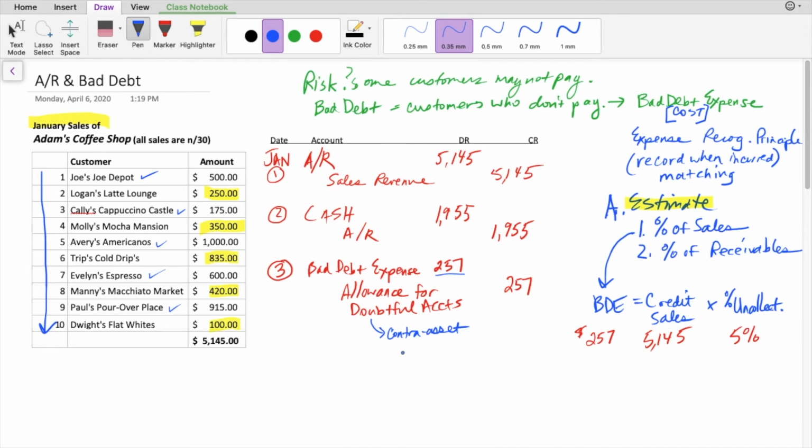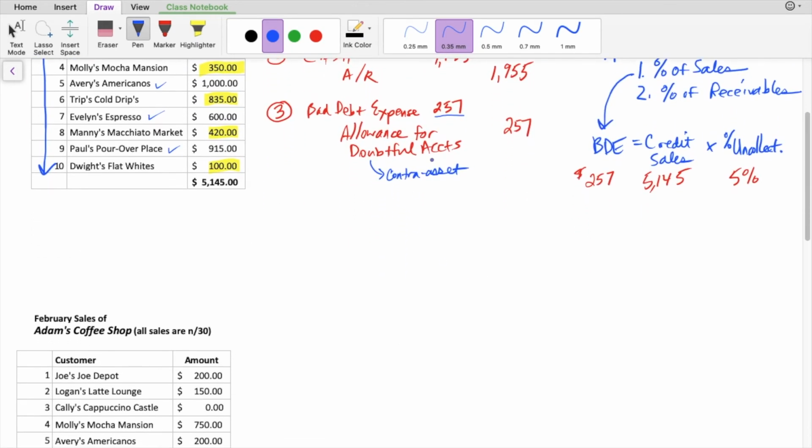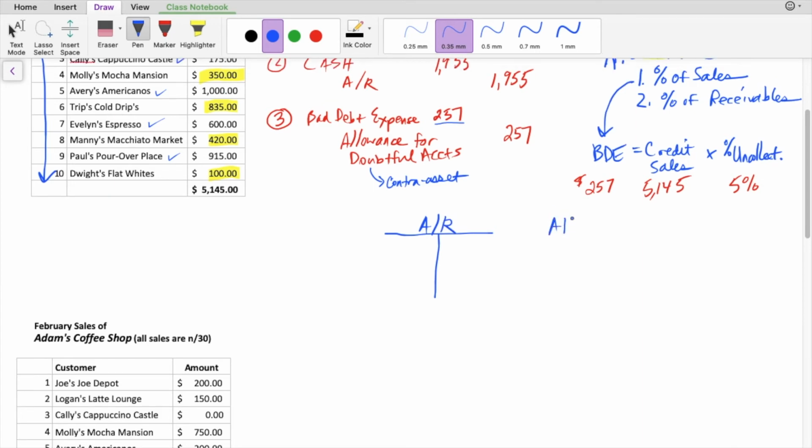I'm going to record those transactions. Now, I'm going to create here an account for accounts receivable and an account for this allowance for doubtful accounts. My allowance for doubtful accounts now has $257 in it.